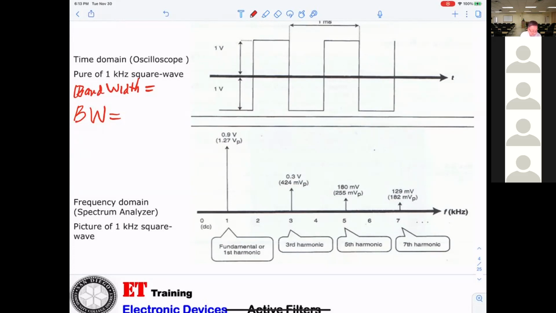Before I go to that, I'm asking you: are you saying bandwidth is the distance by which you can operate on one or the other side of the corner frequency or whatever? No. Before I can go back to that one, what is the bandwidth? The frequency you want to tune your radio to?